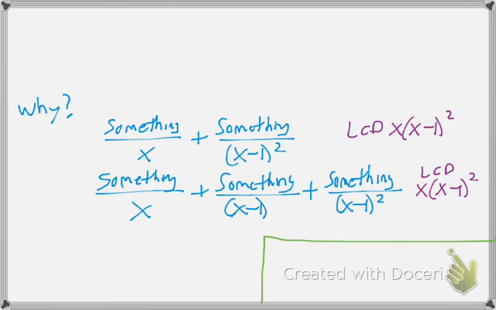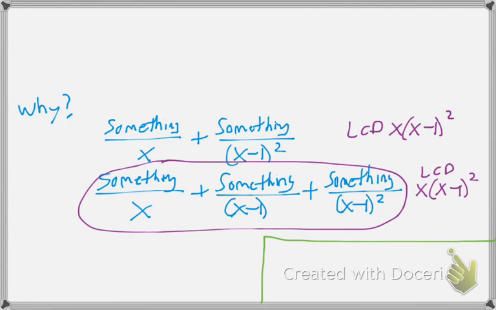Because these two expressions have the same LCD, when we break it up, we need to use this one, because it's possible that you'll have that x minus 1 term that you're not accounting for here.